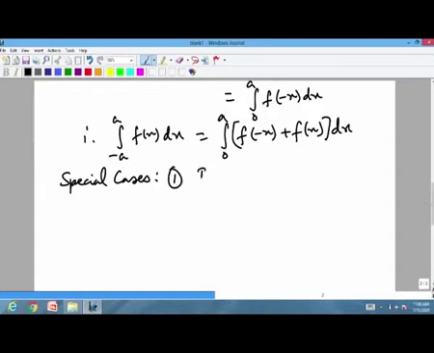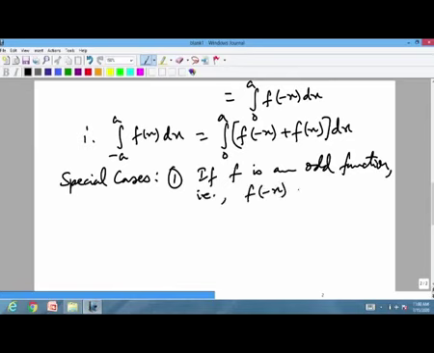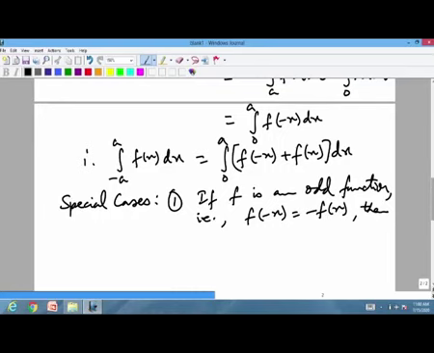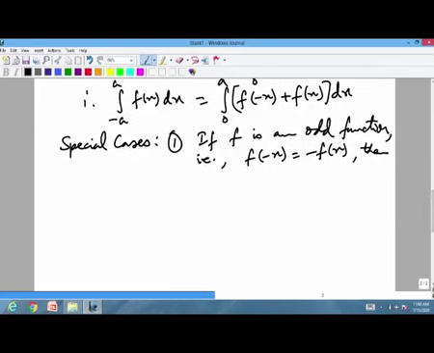If f is an odd function, that is f(minus x) is equal to minus f(x), then f(minus x) plus f(x) will become 0. Therefore, the integral from minus a to a of f(x) dx will be equal to 0.